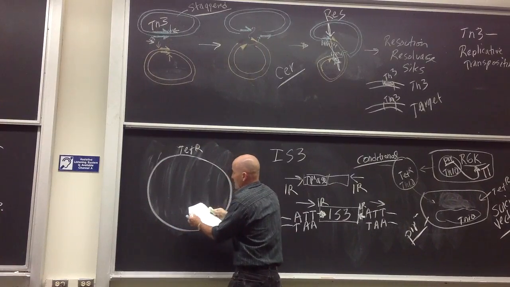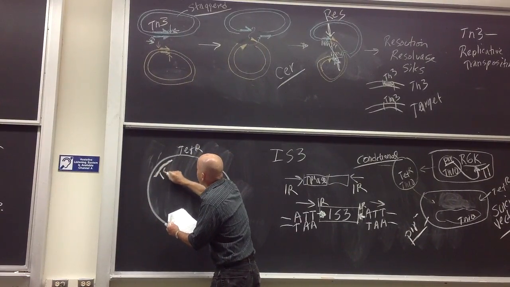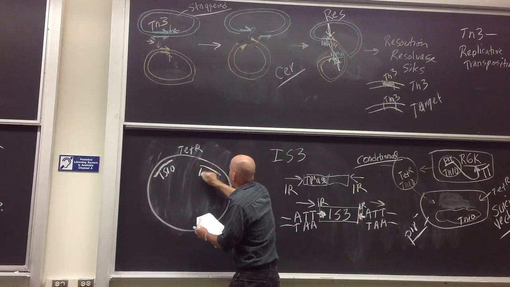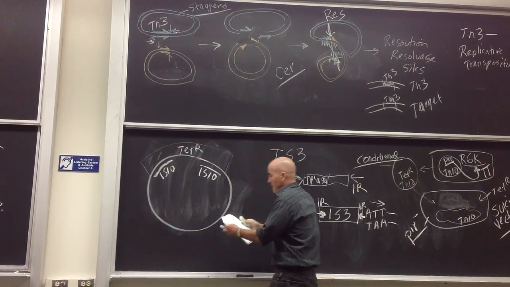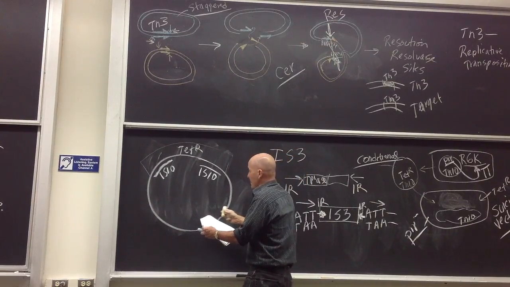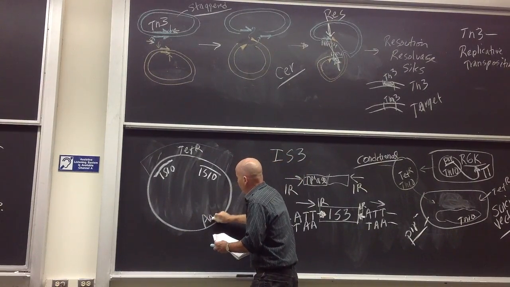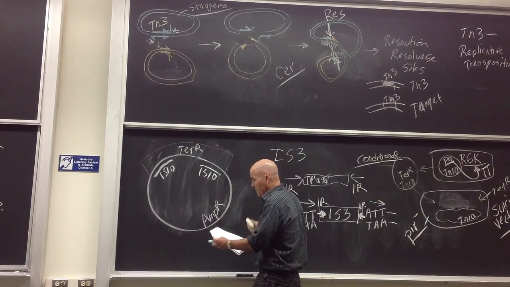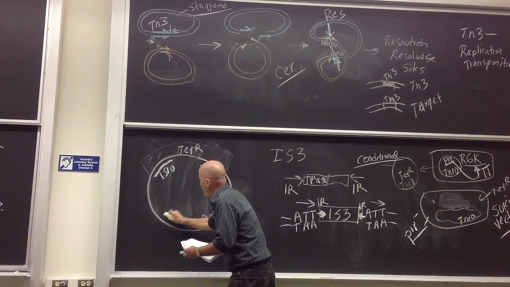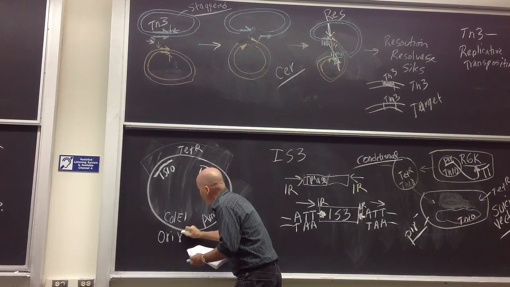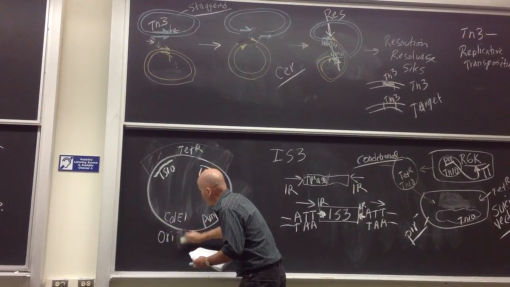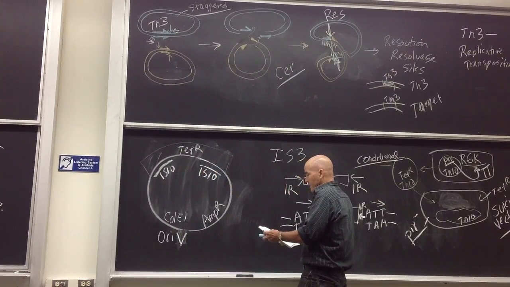We've got tetracycline resistance. We have IS10 here. We have IS10 here. That's Tn10, isn't it? Right? And let's say it integrated in a plasmid that has ampicillin resistance. That's a plasmid, right? And it's got, let's say, the ColE1 origin, ori-V. That's what we call it, right? Okay.